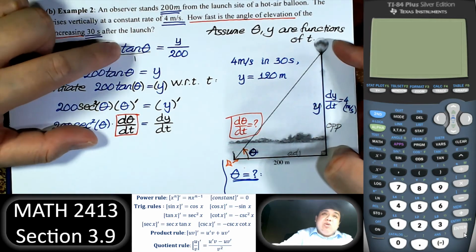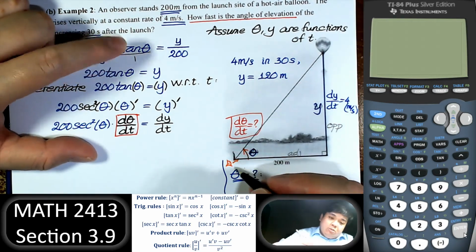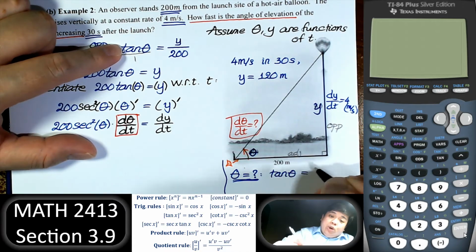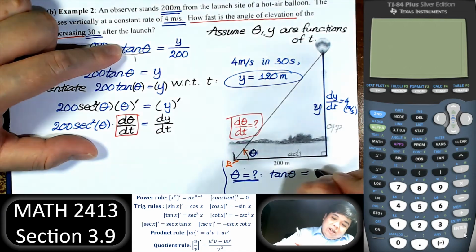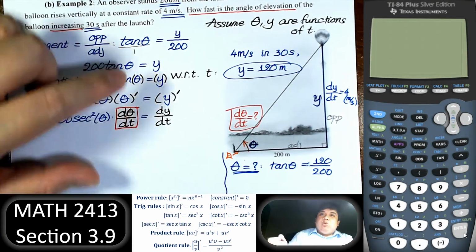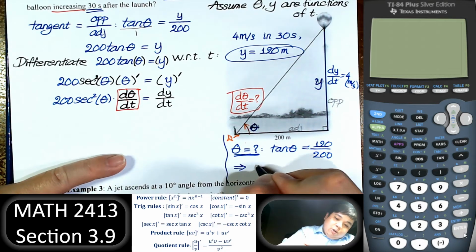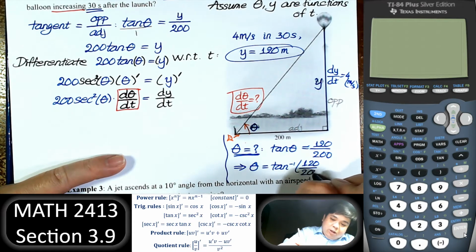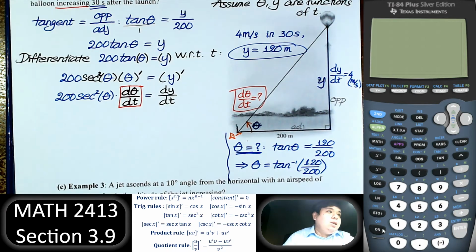We still need to go back in here to solve for theta, because that's what we're after. Tangent of theta we don't know, but we do know y is now 120 over 200. Of course we take the inverse, so theta equals tangent inverse of 120 over 200.